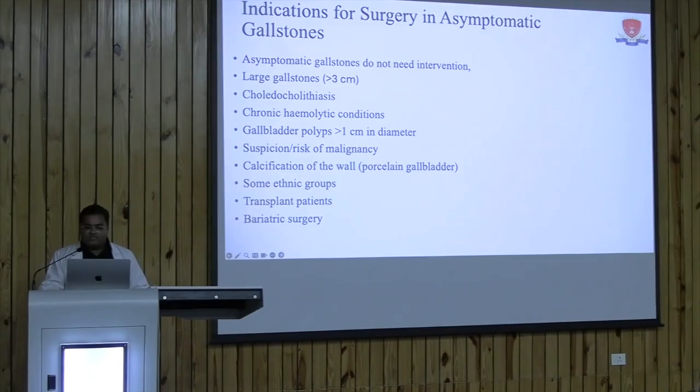However, prophylactic cholecystectomy may be performed for asymptomatic cholelithiasis in the following situations: large gallstones, that is size greater than 3 centimeters; chronic hemolytic conditions like sickle cell disease or hereditary spherocytosis; gallbladder polyps greater than 1 centimeter in diameter; suspicion or risk of malignancy, that is anomalous pancreatic ductal drainage; calcification of the wall, that is porcelain gallbladder; some ethnic groups or subjects living in areas with a high prevalence of gallbladder cancer associated with gallstones, like in some parts of northern India, Native Americans, Mexican Americans, Colombia, Chile, or Bolivia; in transplant patients and in bariatric surgery.